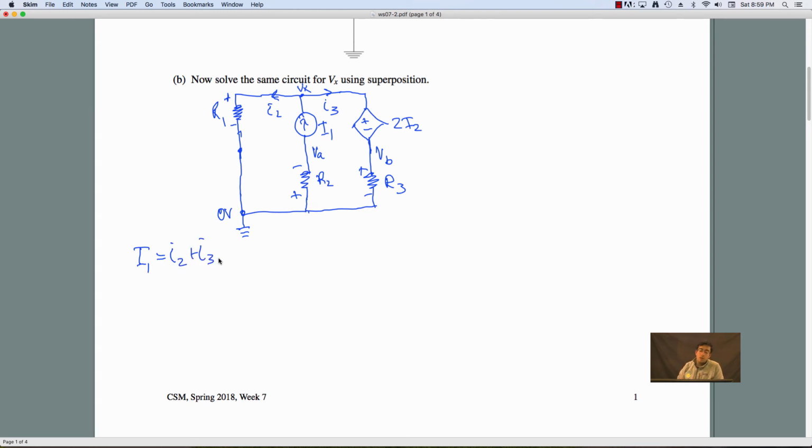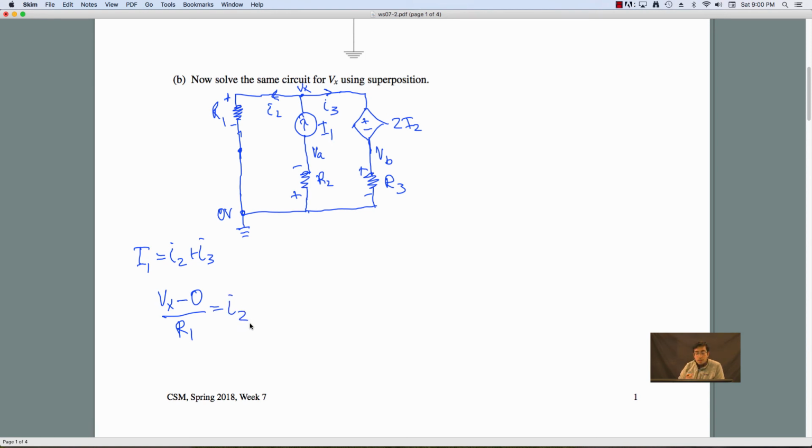And again, we want to express these currents in terms of other known things using Ohm's law. So I2 can be written as (Vx - 0)/R1, because now the potential here is Vx, and the potential here is, instead of V1, now 0 because this node is all grounded. And that's equal to I2.